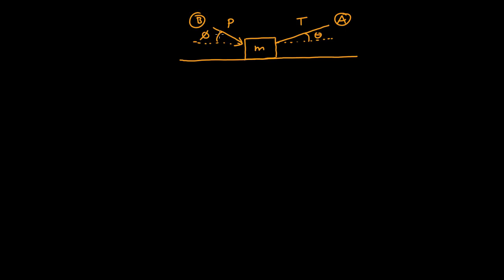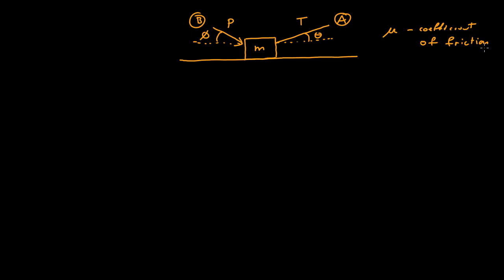The box is hard to move because it's sliding across the ground with some coefficient of friction mu. So this is the coefficient, not written very well, but the coefficient of friction across the ground.